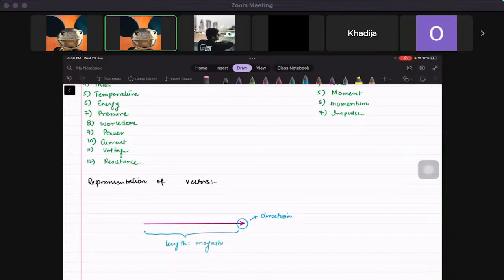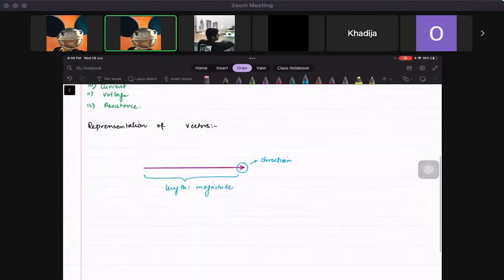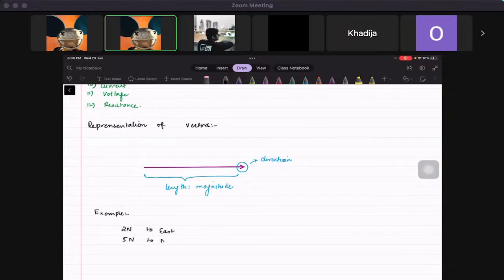So if you're comparing two vectors, like let's suppose they say two Newton to east and 5 newtons to north, right?